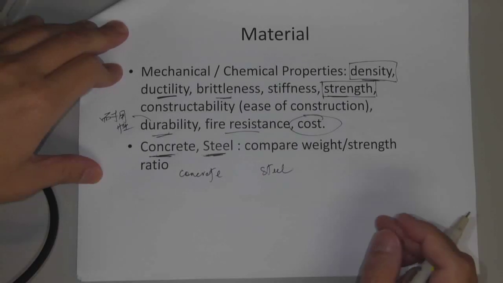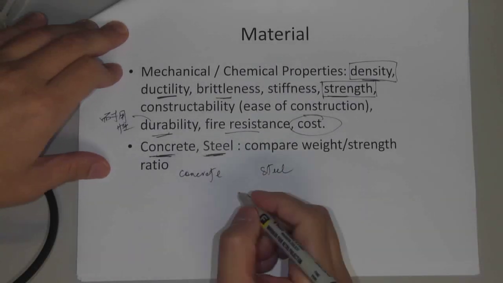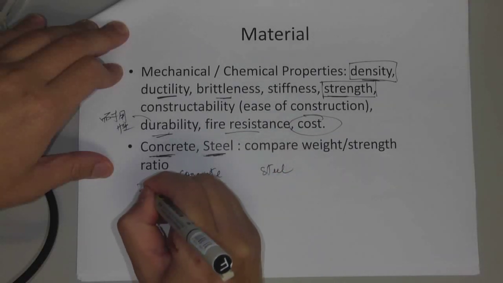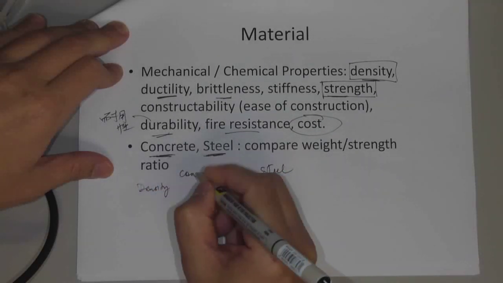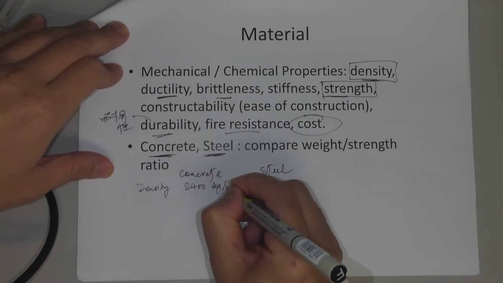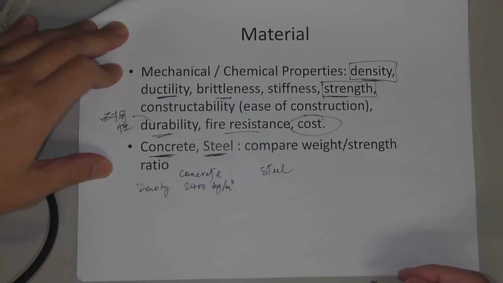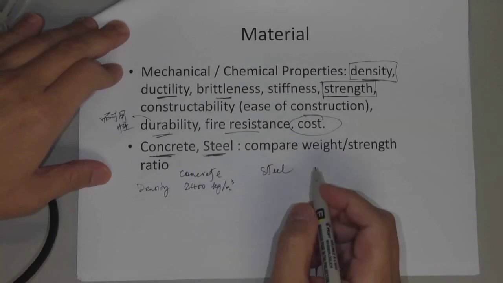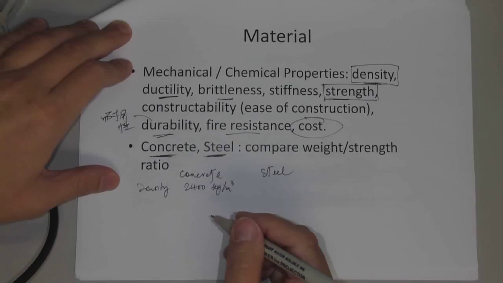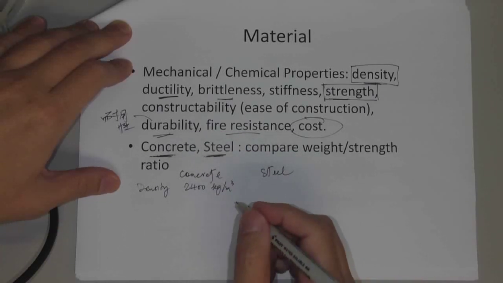Some of the numbers you should try to remember. Say for concrete, what's the density of concrete? That should be about 2,400 kilogram per meter cube. And to give you a better idea, just remembering the number doesn't make much sense.